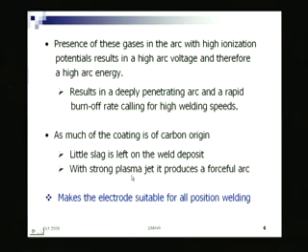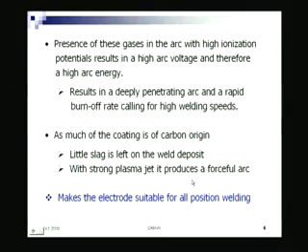Well, a strong plasma jet produces a forceful arc, fine. So, it makes the electrode suitable for all position welding. Since it results in a deeply penetrating arc and a forceful arc, the fusion power will be more along the thickness direction.